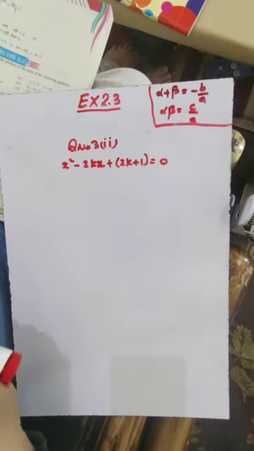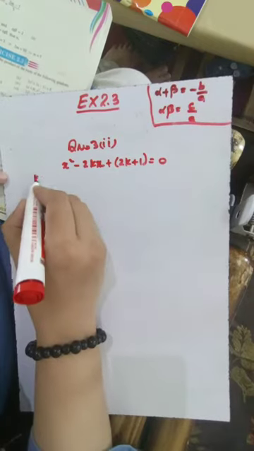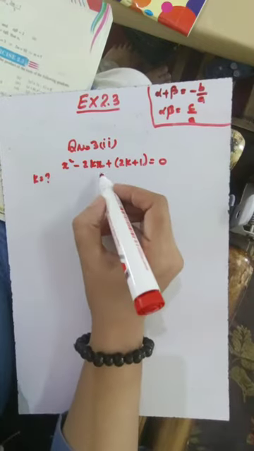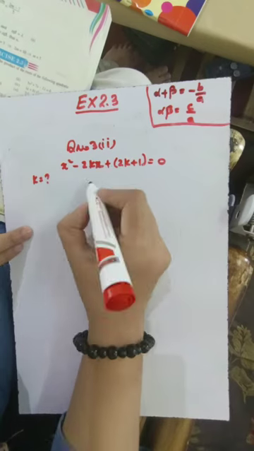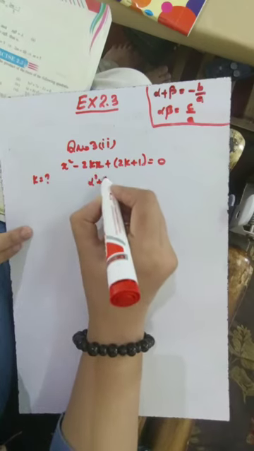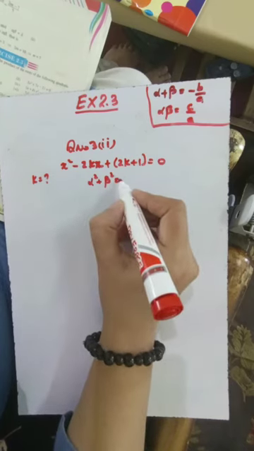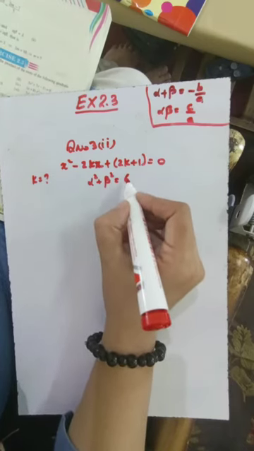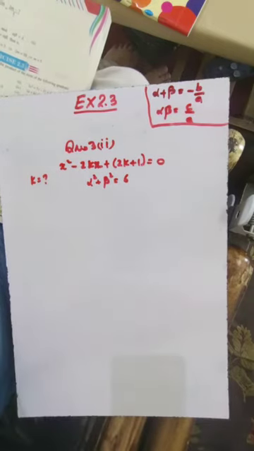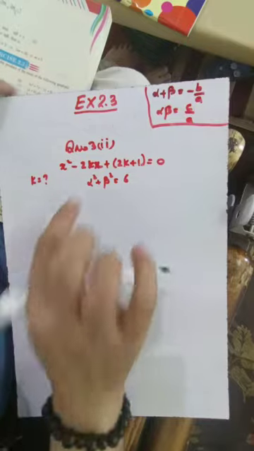Now we have to find the value of k, and we are given that the sum of squares of the roots, alpha square plus beta square, is equal to 6. We are given that the sum of the squares of the roots is equal to 6, and they have asked us to find the value of k.